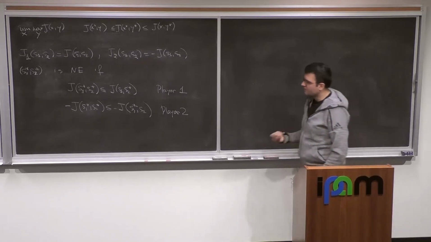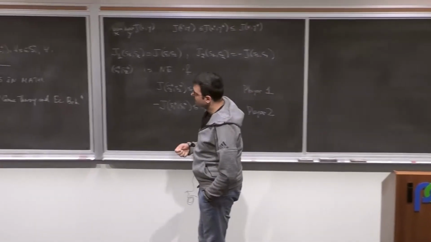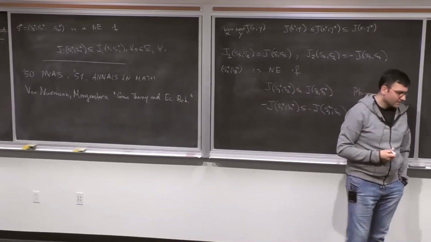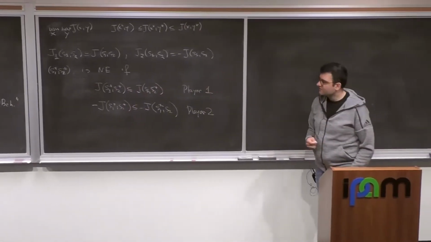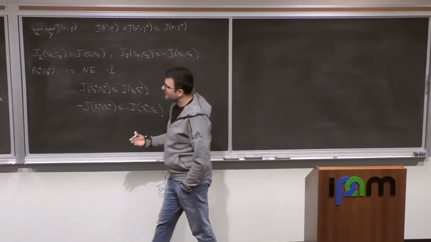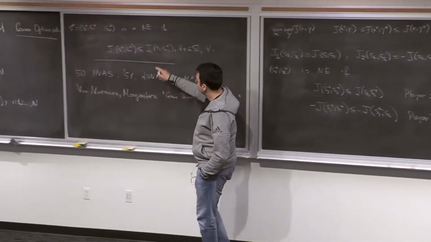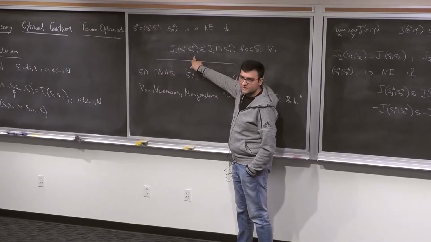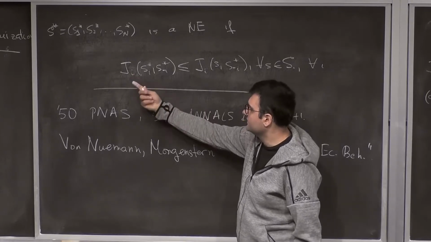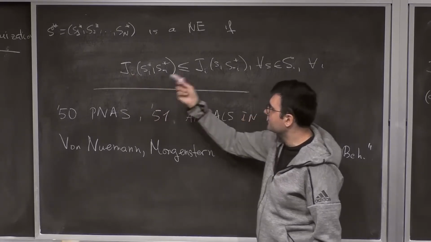Okay, let's try to understand now the difficulties that one encounters when dealing with Nash equilibria. So first of all, mathematical analysis of Nash equilibria is very hard because this is a system of inequalities, right? And highly coupled, and also in generality there is no relation between different costs.